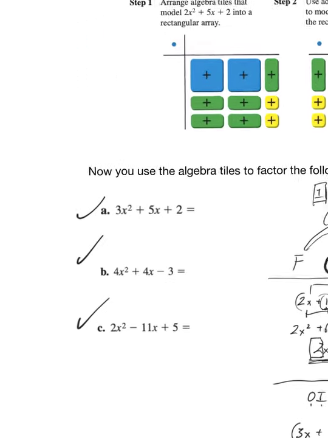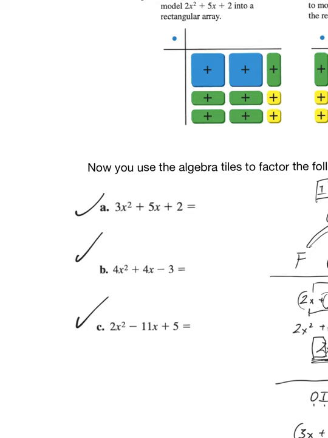There we go. And so I'm going to invite you guys to go ahead and try a couple of these, and see how you do. So I'll go ahead and start you with the first one.